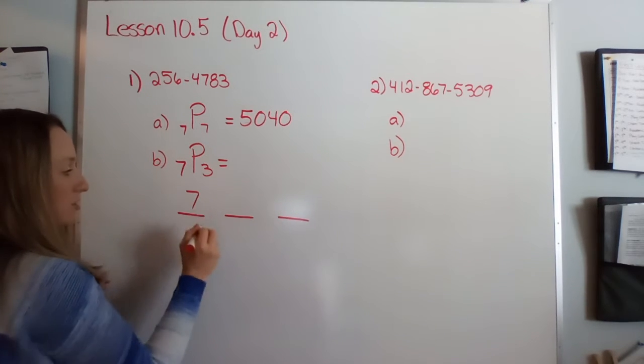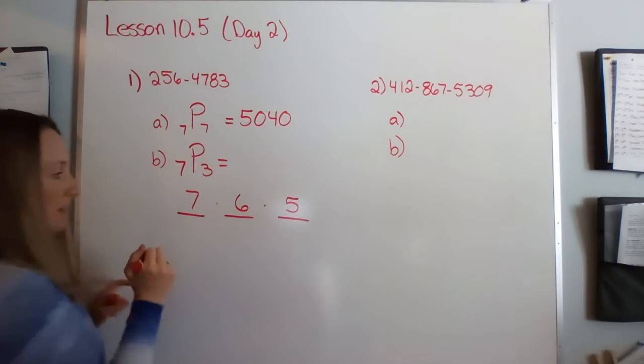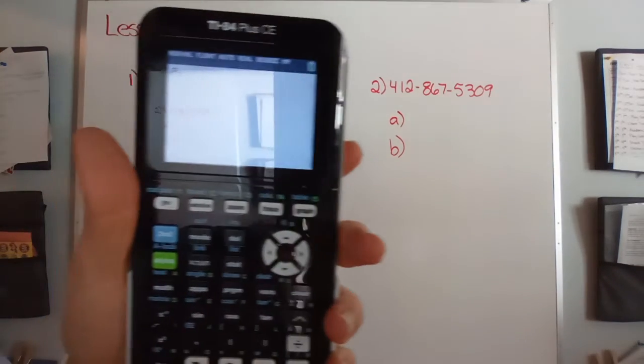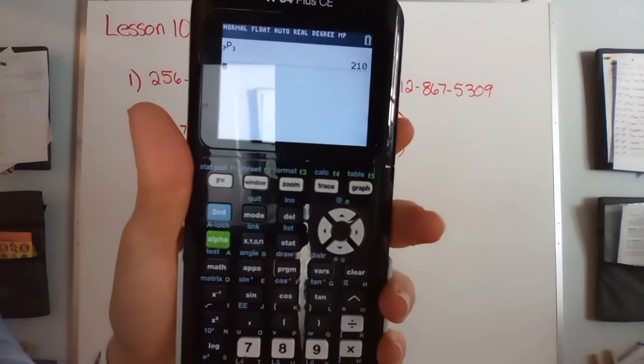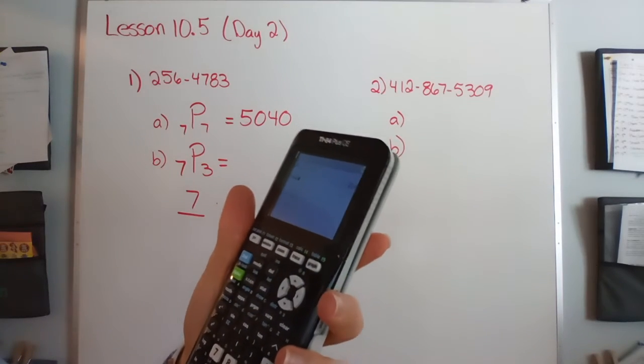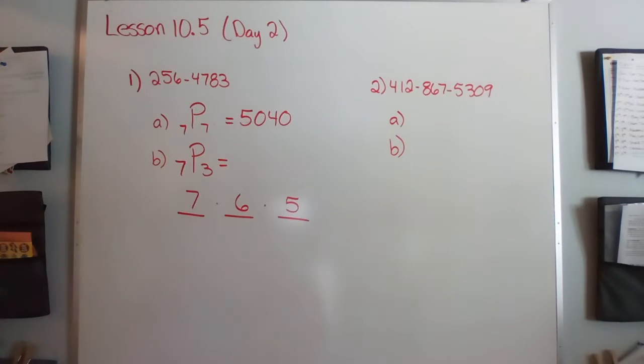You have 7 options for the first, then 6, then 5, and you multiply those together. It'll result in the same answer. On the calculator you get 210, or if you just do 7 times 6 times 5, you still get 210.